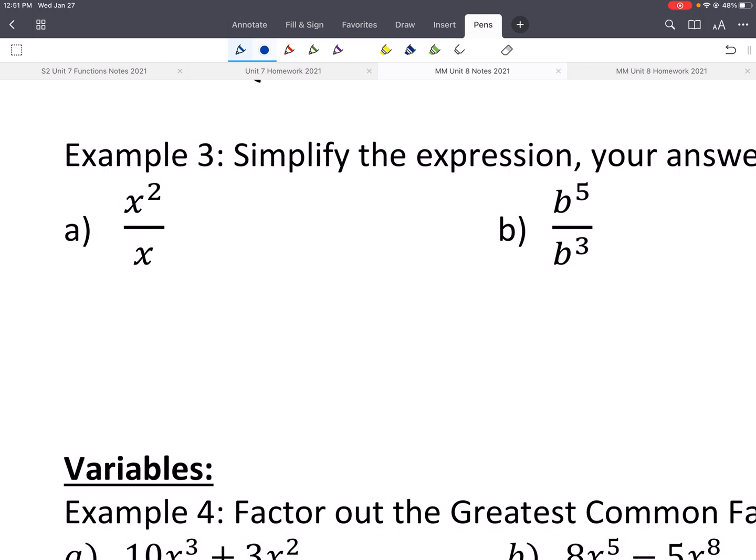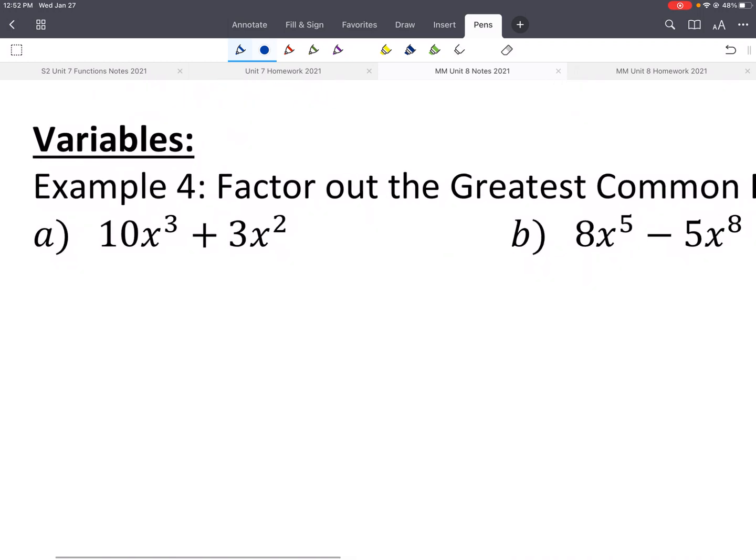So if we have x squared divided by x to the 1, another way you could say this is like x times x over x, and they cancel. Or you can think of it as x to the 2 minus 1 gives you x, okay? So when we're dividing like bases, we'll subtract, and we're going to do this here in a moment.